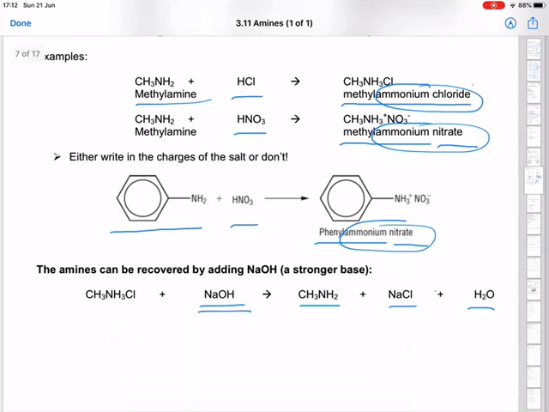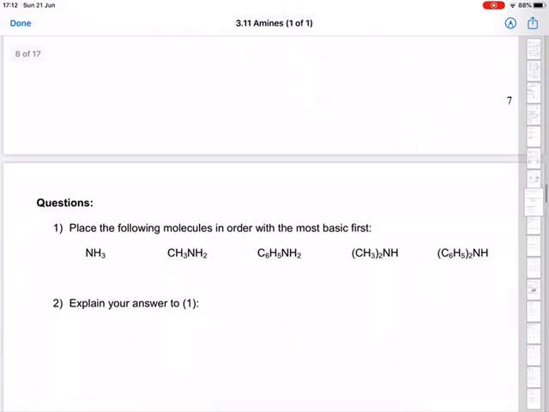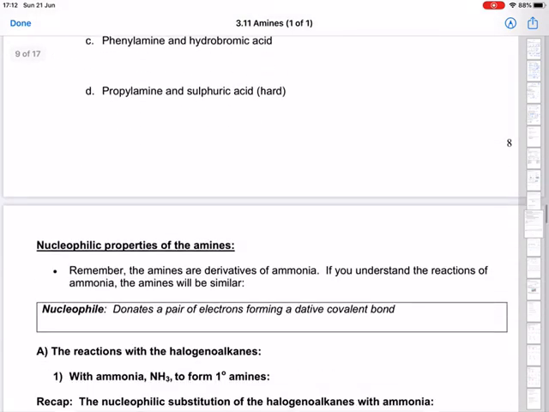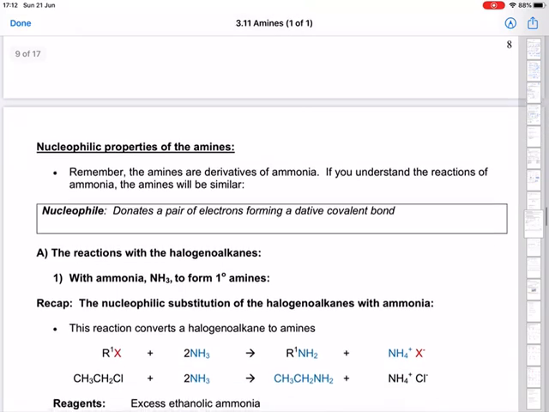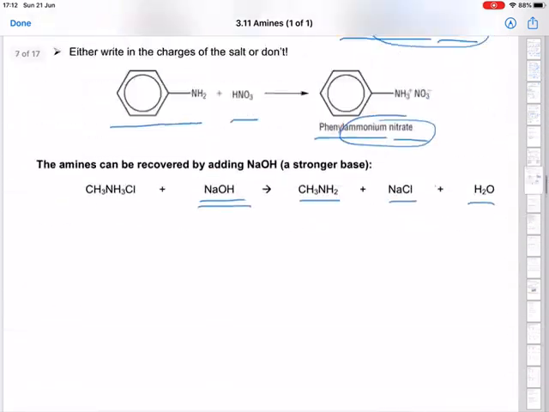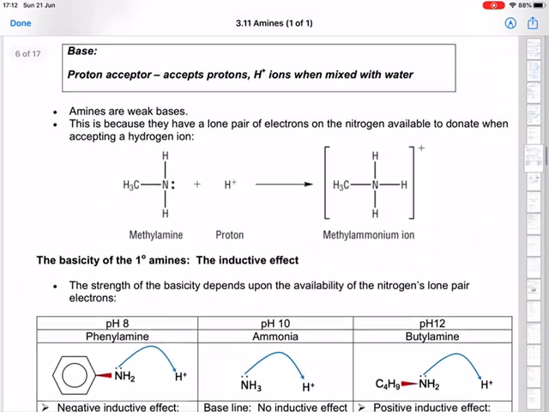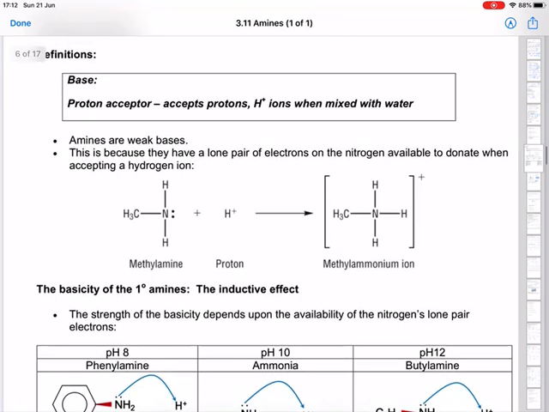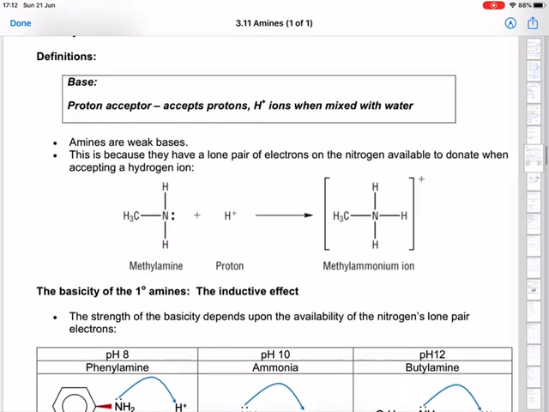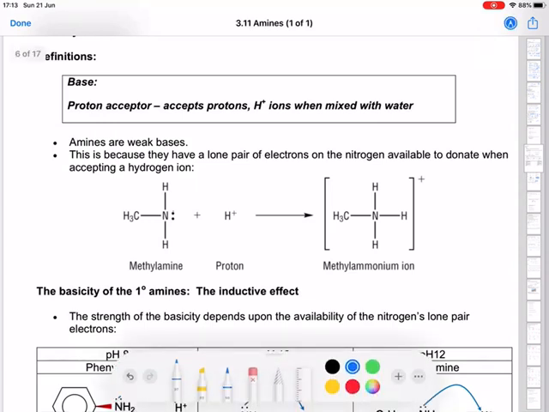Okay. Now, and then there's some questions for you to have a go at. In terms of the strengths of the bases of these, it all comes down to the availability of the pair of electrons here. Remember, these donate to accept a proton, and proton acceptors are bases.